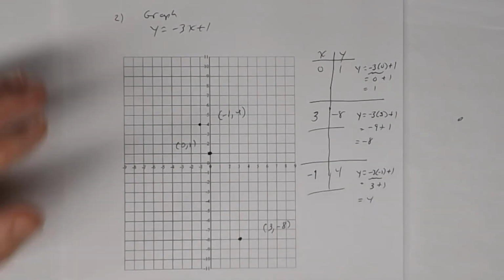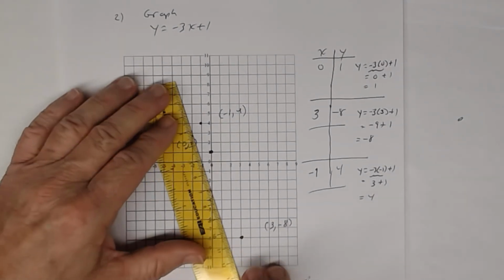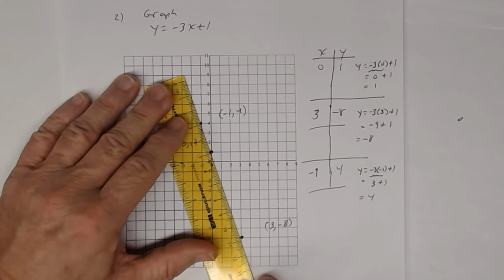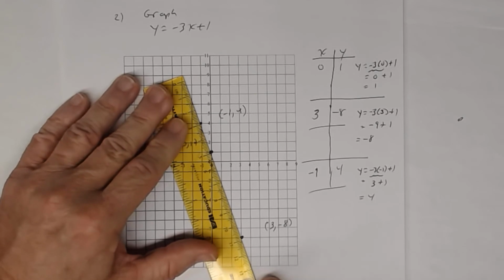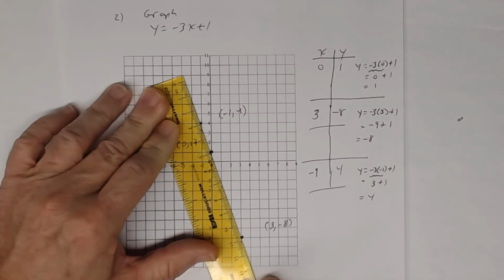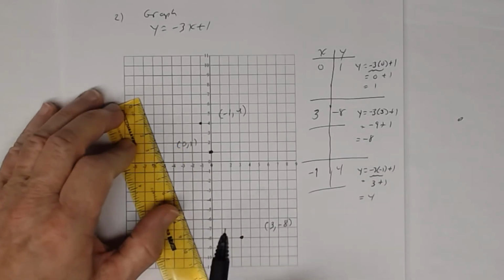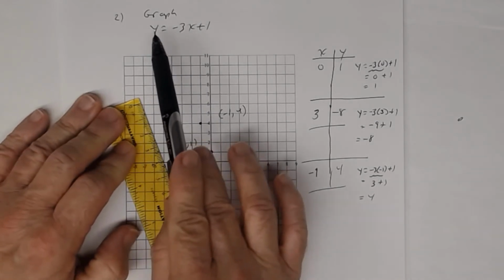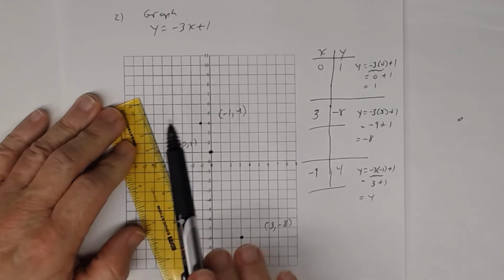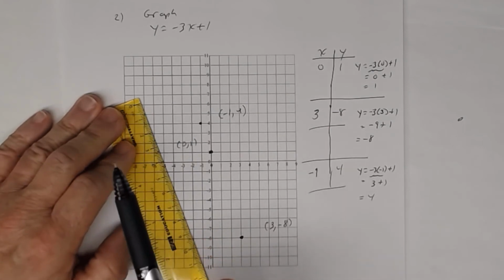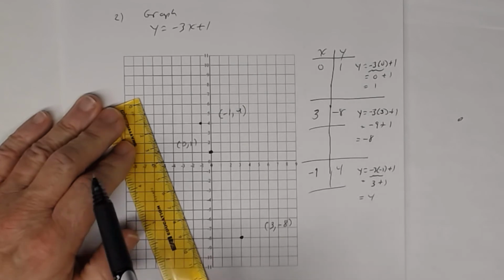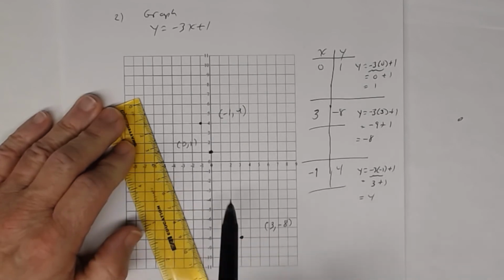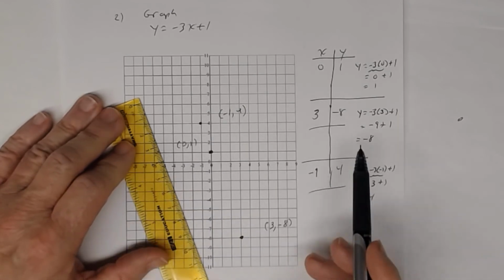Then I use my ruler and connect those points. Remember, you can't stop there. If you stop there, that implies you don't really understand what it means to graph a line. To graph a line means you're graphing all of its solutions. I've only graphed 3 of them, and you want to graph all of them, an infinite number.